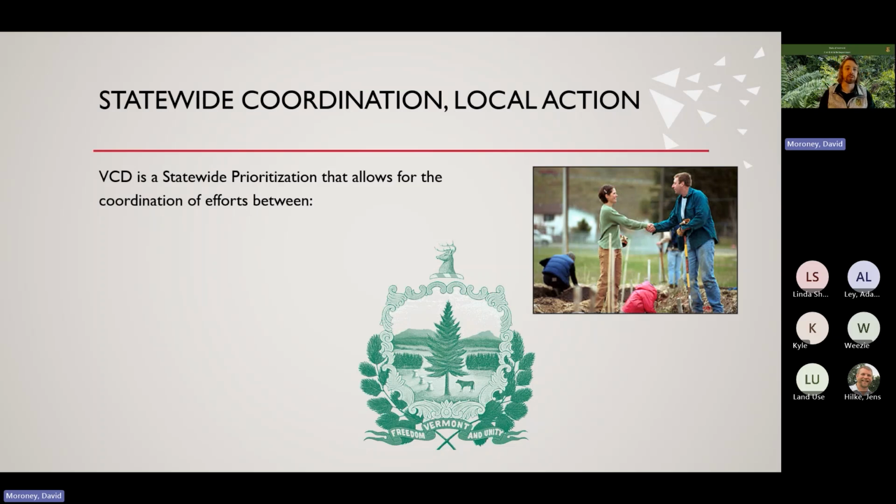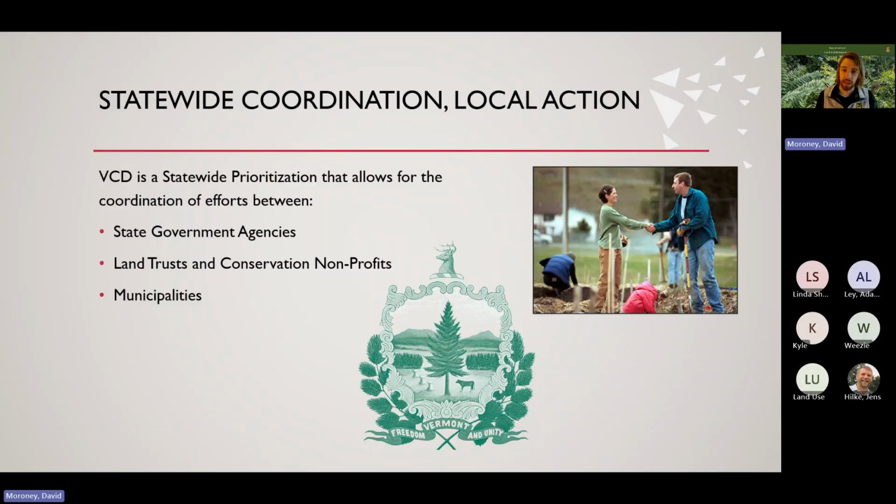So as a statewide prioritization, we can really think of Vermont conservation design as facilitating coordinating effort between all different levels of organizations, state government agencies, down to conservation nonprofits, municipalities, volunteer and local action groups, and even down to the level of individual landowners who are trying to understand how their parcel of land that they're interested in stewarding fits into a bigger picture.